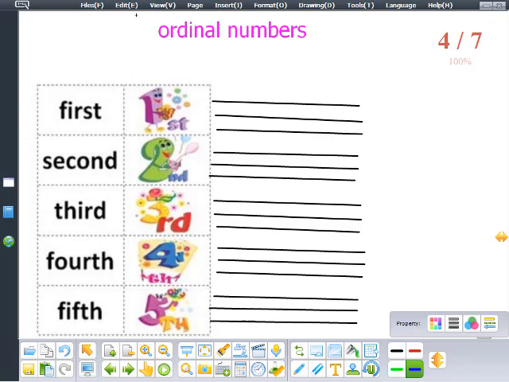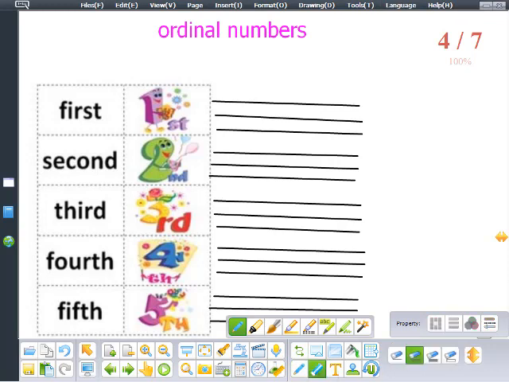And what about this? This is number 2, isn't it? So number 1 comes first, then number 2, here number 3, number 4, number 5.